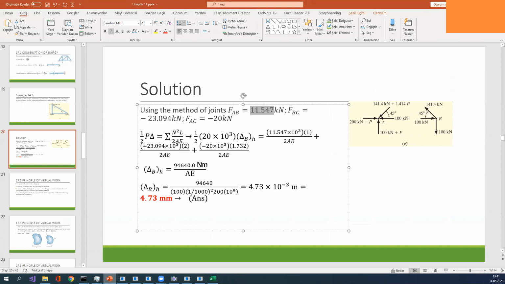I don't think so. It should be a minus. Actually, I made a mistake. Yeah, this should be minus. Sorry, I made a mistake. No, I think this should be positive, not minus. I miscalculated something. This should be positive. Okay, let's continue.